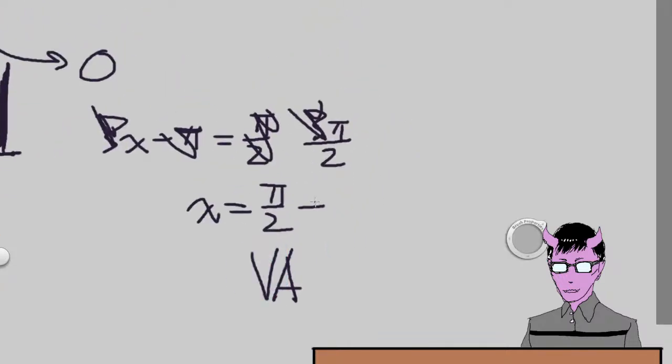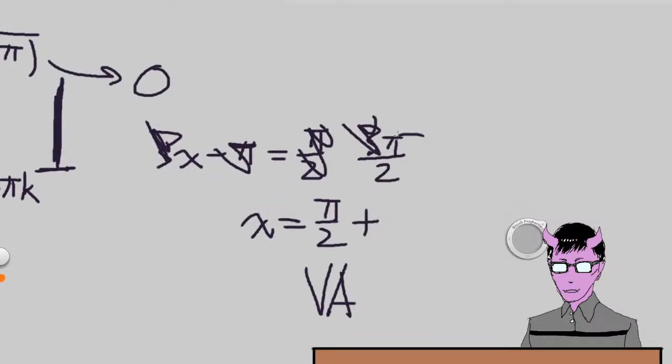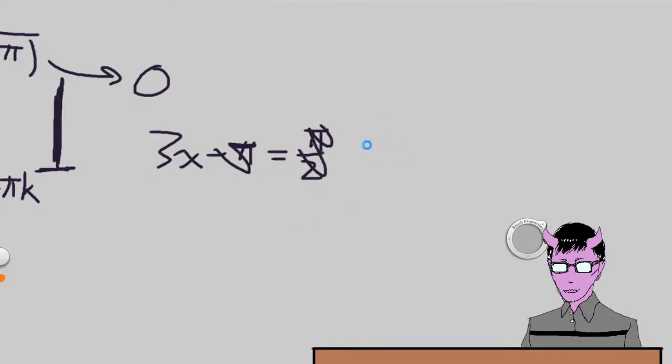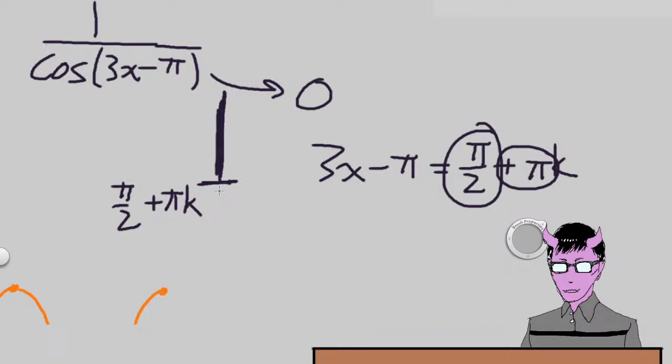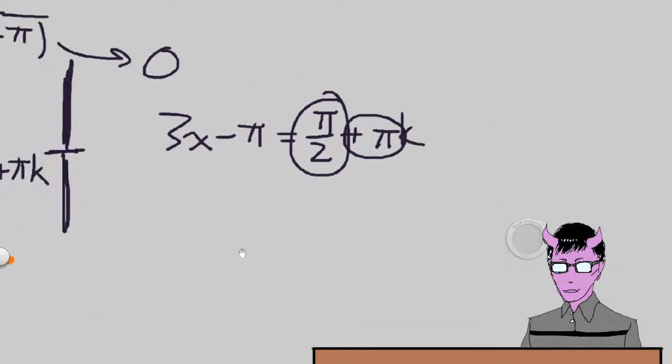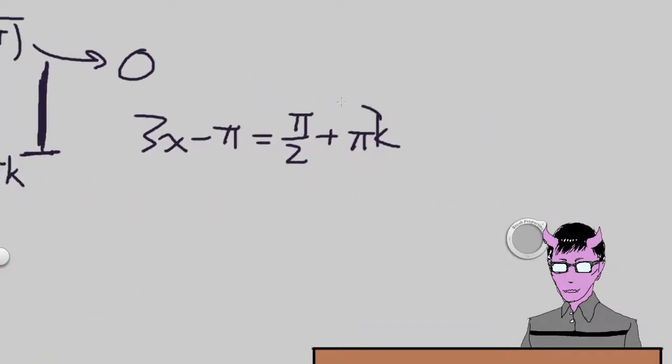How do we get to subsequent ones? Well, we should have kept the plus pi k. So let's go back just a little bit. So we should put plus pi k, because with every iteration of pi we add or subtract, we will get to either this coterminal angle or this coterminal angle. So now that's the correct setup.